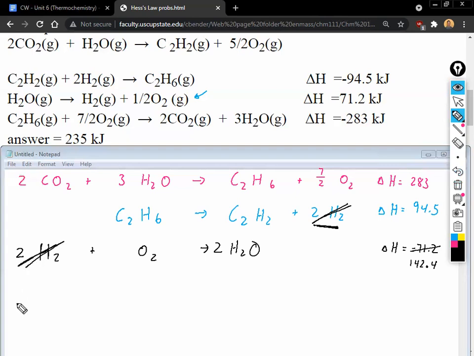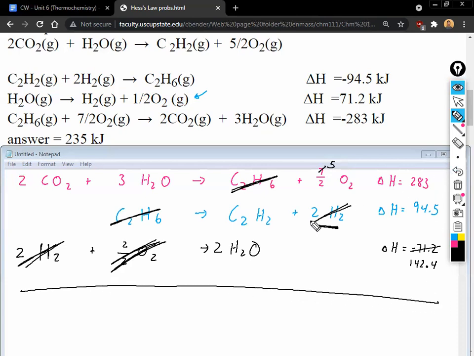Okay. And then we're almost ready to go. If you notice, there's a C2H6 here, so that'll cancel out the C2H6 here. Okay, it looks like there's one O2. If it's 7/2 O2, if you guys know, 1 is the same thing as 2/2. So if we get rid of 2 here, we can change this to 5/2, and this O2 will cancel out. And there you go.